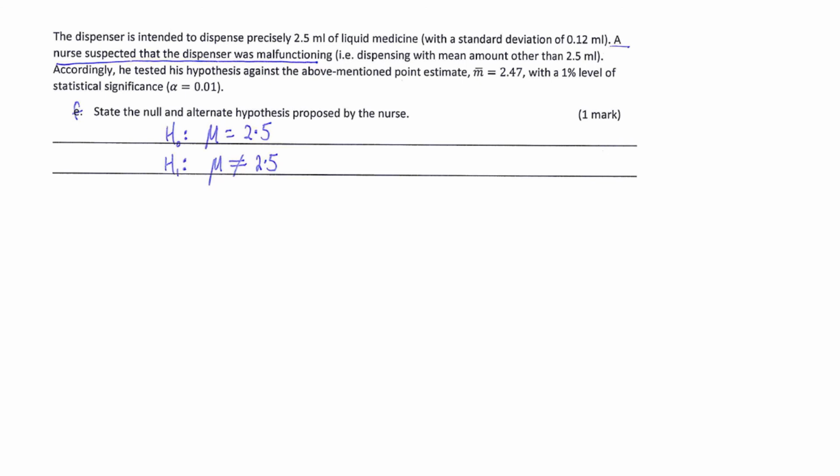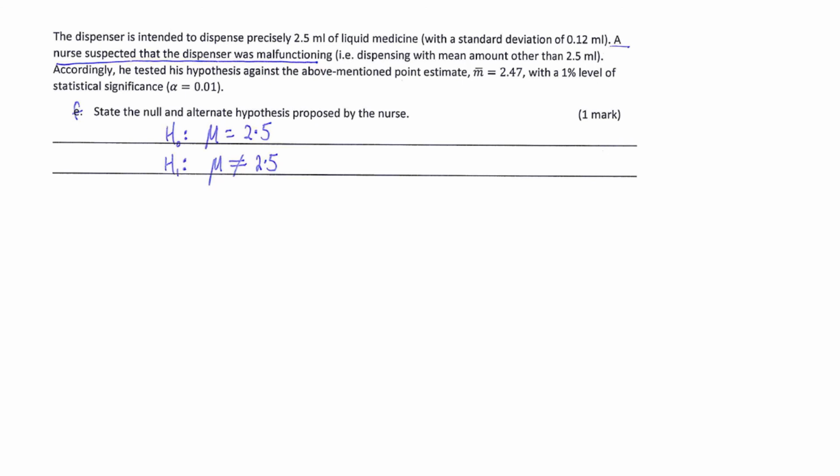Accordingly, he tested his hypothesis against the above-mentioned point estimate of 2.47 at the 1% level of statistical significance. So in other words, alpha is equal to 0.01. It's matching the confidence interval information given above, and that's what I was hoping you would be able to link in the next question.